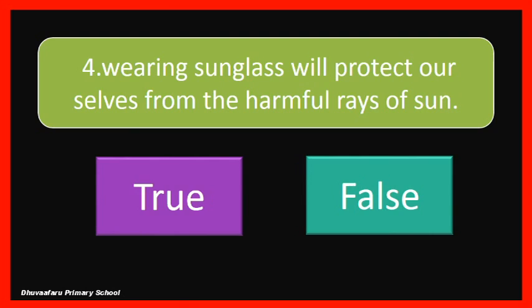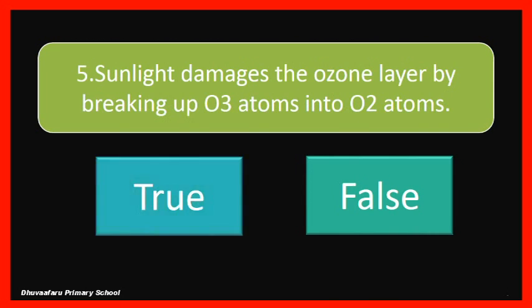Is it true or false? Here is your last question. Question number 5. Sunlight damages the ozone layer by breaking up O3 atoms into O2 atoms. Is it true or false?